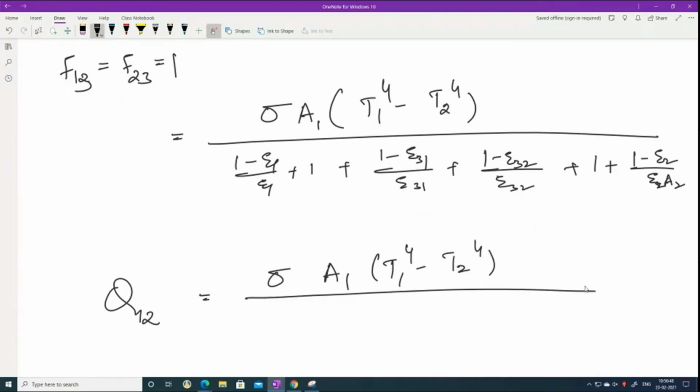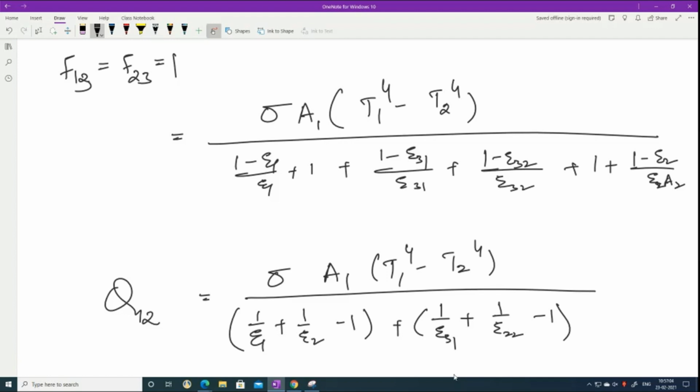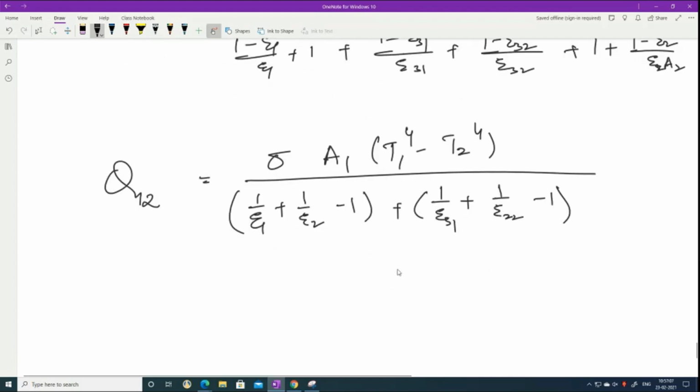Numerator remains the same. And the denominator, you can transform it into 1 by epsilon 1 plus 1 by epsilon 2 minus 1 plus 1 by epsilon 31 plus 1 by epsilon 32 minus 1. So this is how you will get it. So in the given question, he has not given the area to you. The area you consider it as 1 and the remaining things you substitute here.